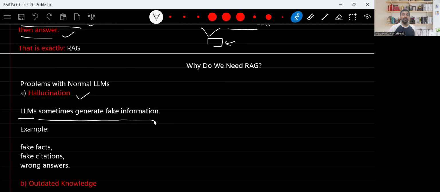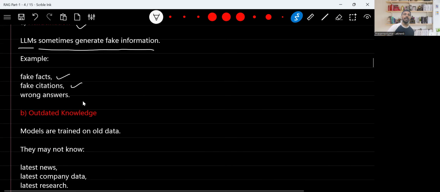It will feel shy if it says I don't know. It tries to generate something according to our prompt. So due to this, it is generating fake facts, fake citations, and wrong answers. So to avoid this, we need RAG.